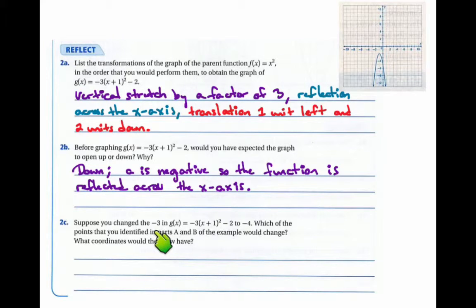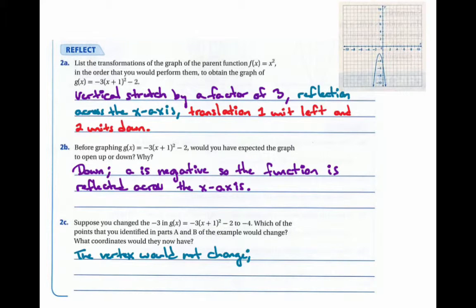And then what would happen if we changed our a from negative 3 to negative 4? Which of the points that we identified in the first part when we graphed this originally would change? And what coordinates would they now have? Well, our vertex would stay the same. h and k would still be the same. All that would change is our a, going from negative 3 to negative 4.